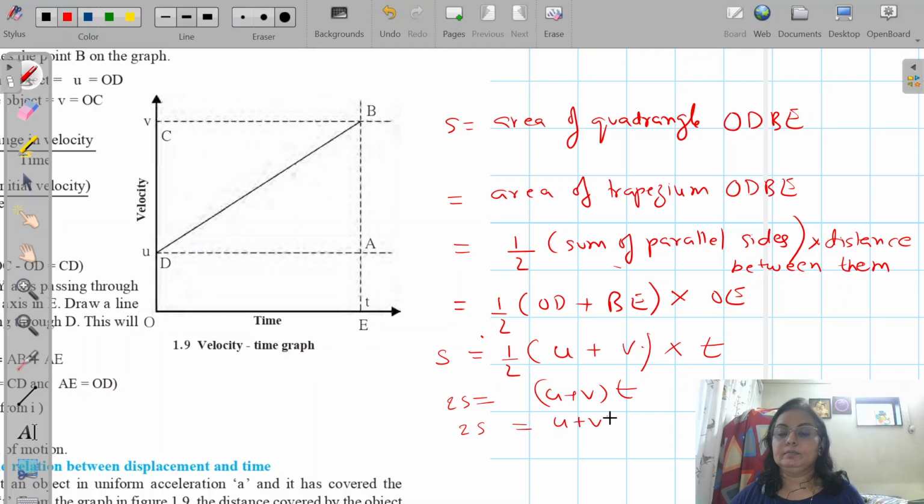Now what is t? We know that v is equal to u plus at. So v minus u upon a is equal to t. So we derived it from here.